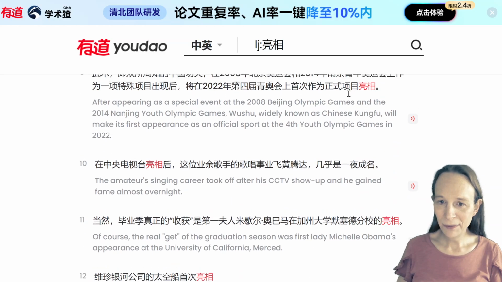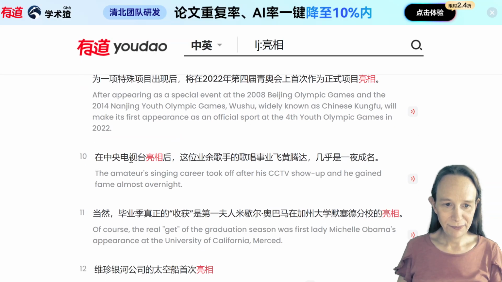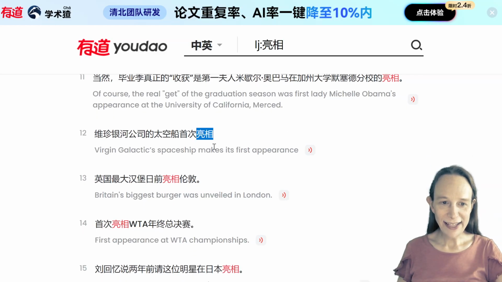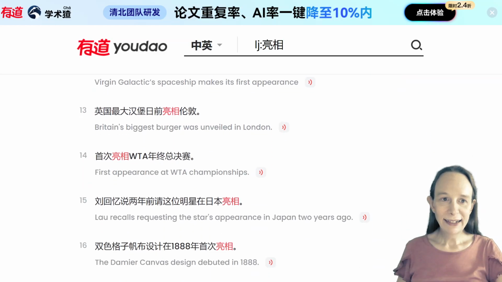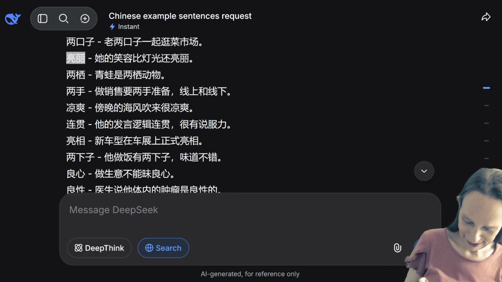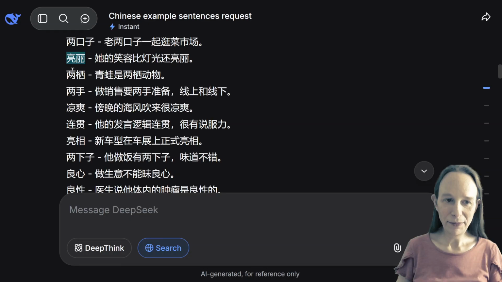That's a different example. 正式项目亮相。电视台亮相后，or maybe it is just appear on stage, show your face kind of thing. All right, it's a thing. You know what? I'm going to count that as worth learning. I don't think that's a rare word.